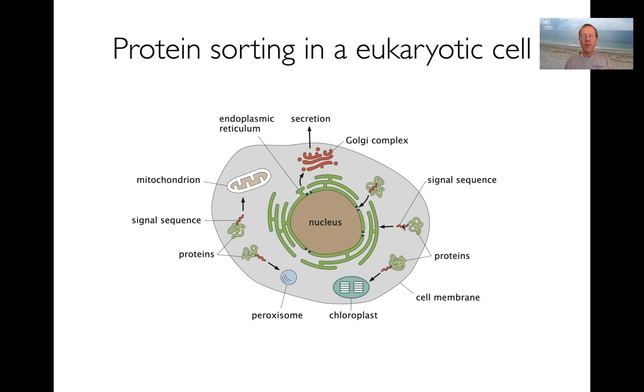So I will specifically discuss one of these signals, namely the signal sequences that target proteins to the endoplasmic reticulum for transport out of the cell, for secretion out of the cell. And I will tell you a little bit about the history of the prediction methods, how they've been developed, and where we stand today in this field.